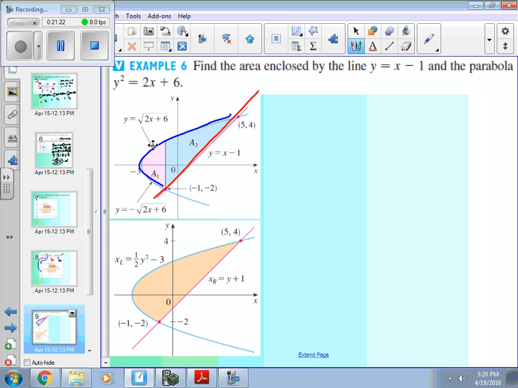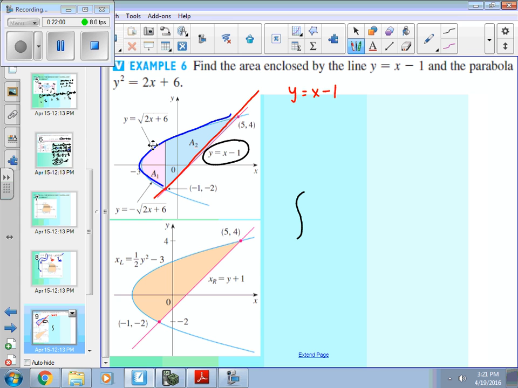All right, so to do this, we want to set up an integral to find our area. We have to figure out which function is on the right. The one on the right is y equals x minus 1. But we can't write y equals x minus 1 in our integral because we need y as our variable. So we take this equation y equals x minus 1 and solve for x equals, find the inverse.